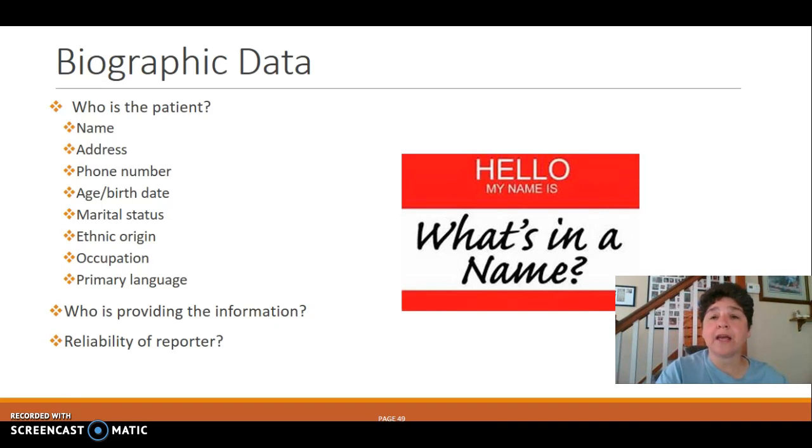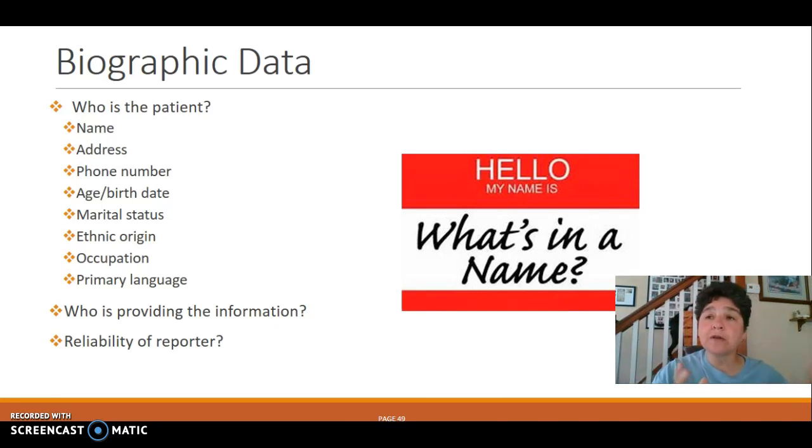So you know what their race is, what their ethnicity is, what they do for a living, their occupation, what language they speak, what is their primary language, are they able to speak English if we're English speaking, obviously. Who is it that's providing the information to you? Is it the patient themselves, or is there a caregiver with them or somebody with them that is telling you the information?